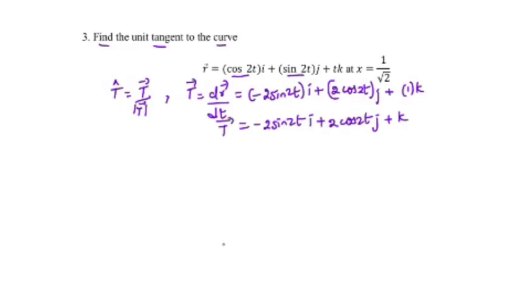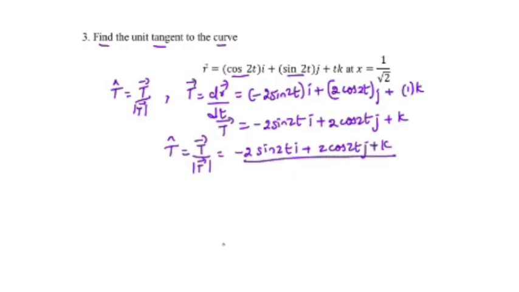Now we will find t cap by using the formula, t cap will be t vector divided by magnitude of t vector. That will be minus 2 sine 2t i plus 2 cos 2t j plus k divided by root of minus 2 sine 2t square plus 2 cos 2t square plus 1 square.